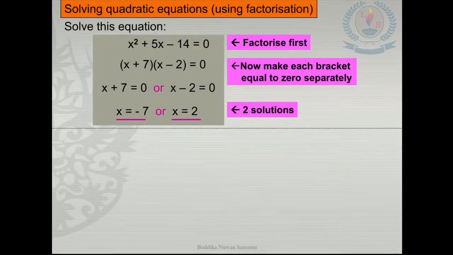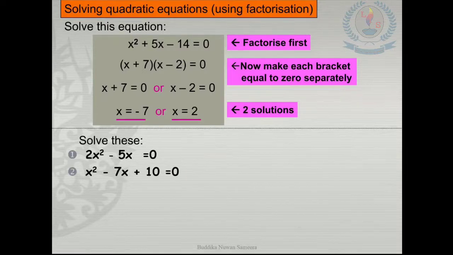Here when we solve the quadratic equation, we can see that there is two solutions other than the special cases. Now we'll solve these equations.